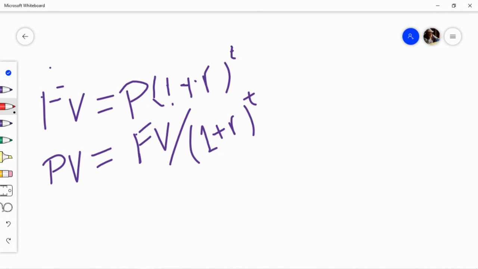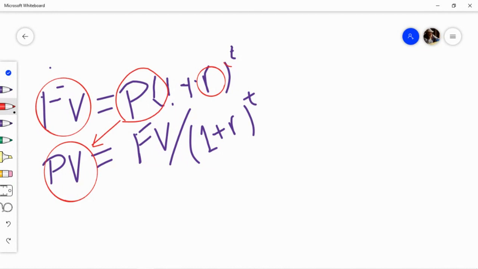The equation is comprised of 4 variables: future value, principal, which is basically present value, and R, the interest rate, and T, time. Of course, I should use the generalized notation of N. I better call this N.